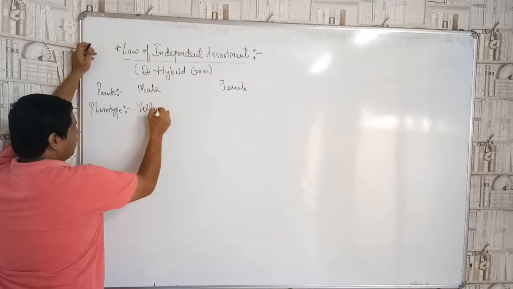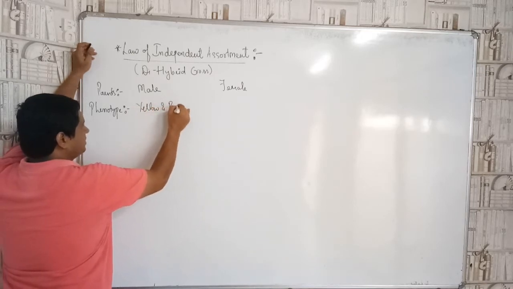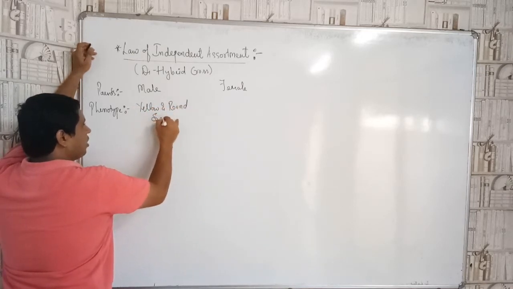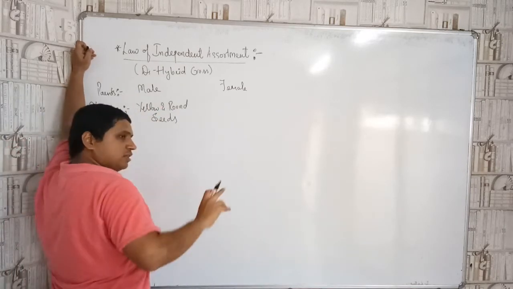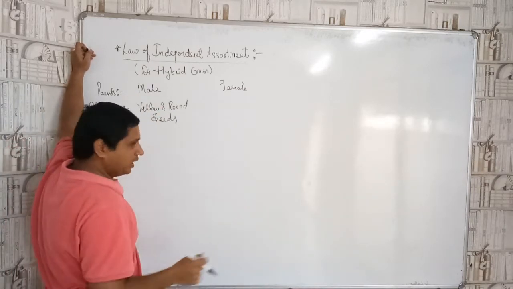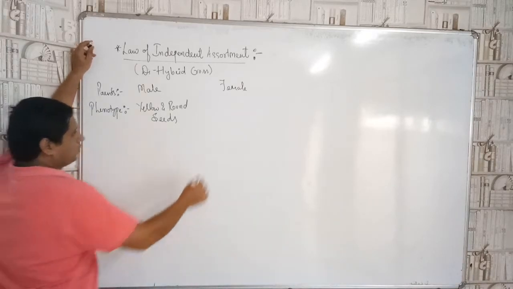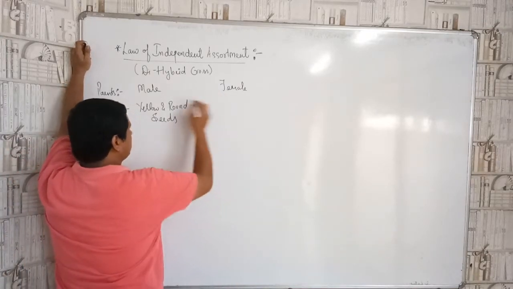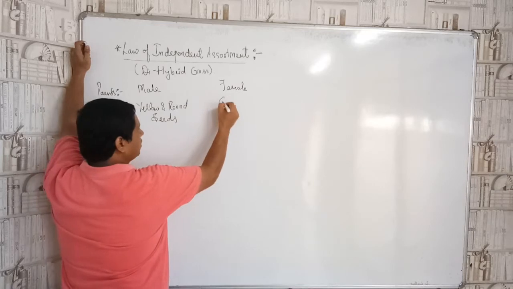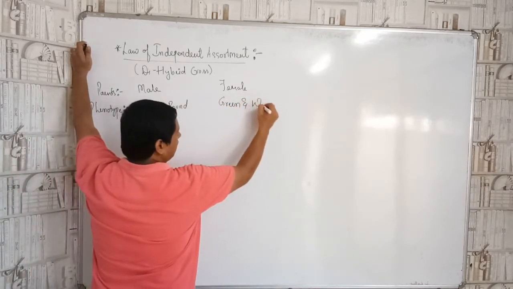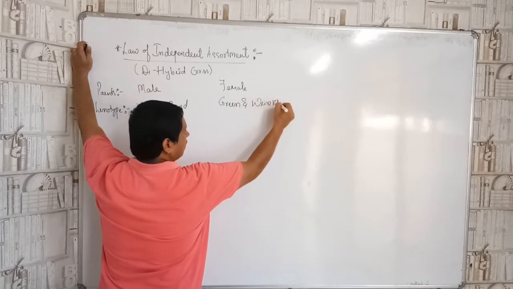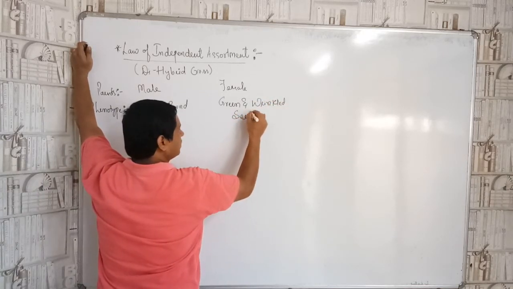Yellow and round seeds. So the seed color is what, children? Yellow, which is dominant, and round, the shape is also, we can say, dominant. Okay. Now the female is in the recessive form, so what will be the allele of yellow? Green. And what will be the allele of round, children? Wrinkled. That is the seeds, children.